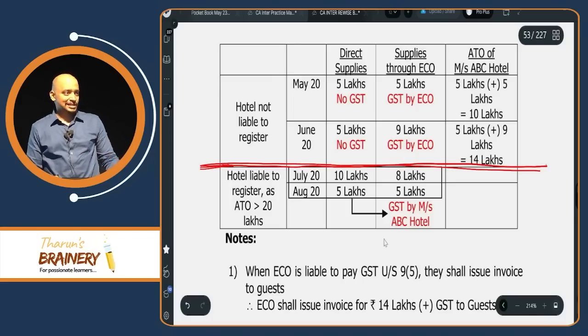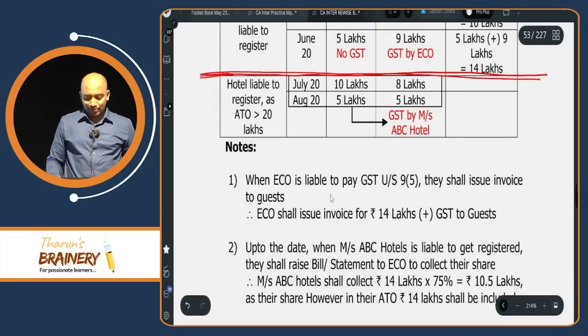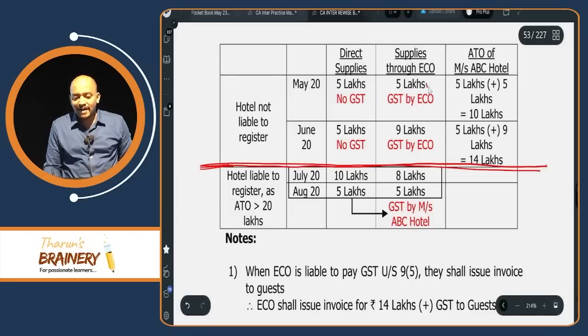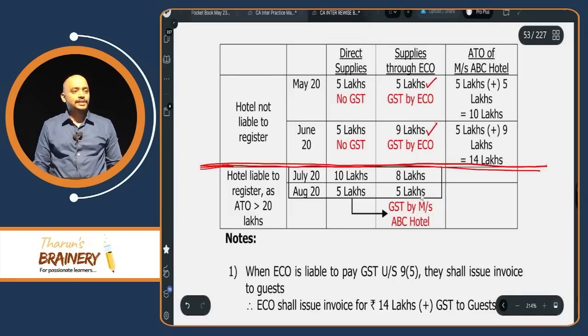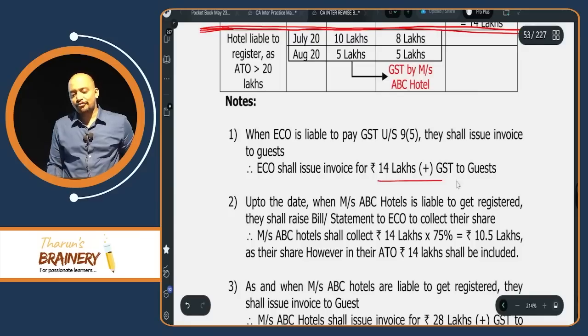Supplier only will pay GST. Now, when the e-commerce operator is liable to pay GST under 9(5), they should issue an invoice to the guest. So, on this 5 lakhs and 9 lakhs, who will raise the invoice? The e-commerce operator, because GST is payable by the e-commerce operator, no? So, the e-commerce operator shall issue an invoice for 14 lakhs plus GST to the guest.